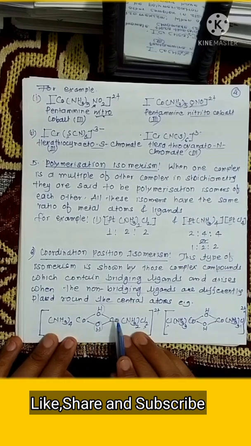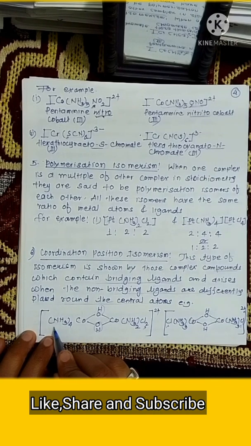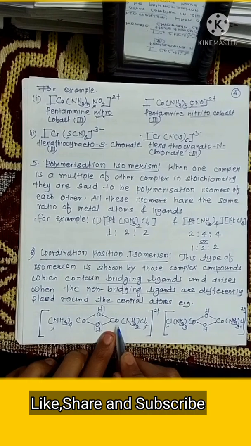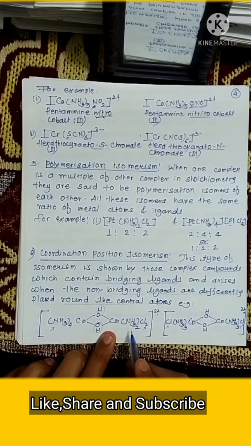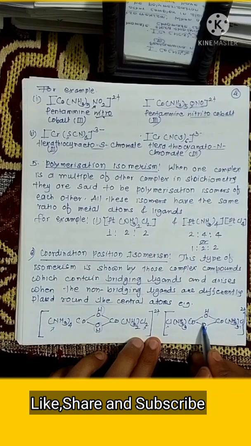Now we are going to see the condition. In this case, we see that the left hand side cobalt atom is attached to 4 amine ligands, while the right hand side cobalt atom is attached to 2 amine ligands and 2 chlorine ligands. Now just see this compound.